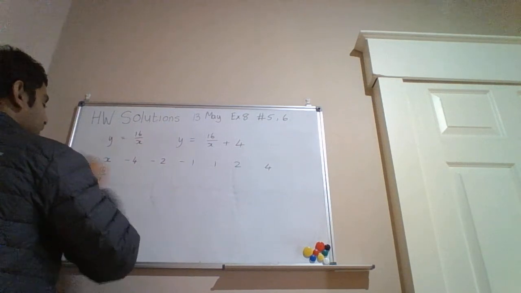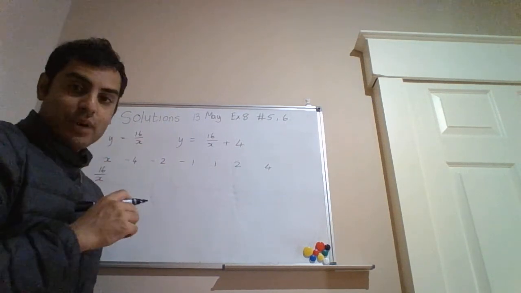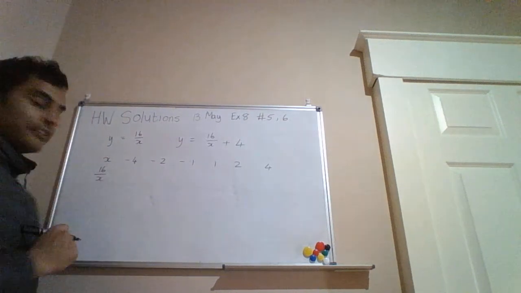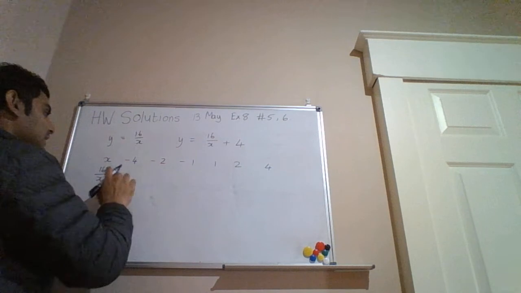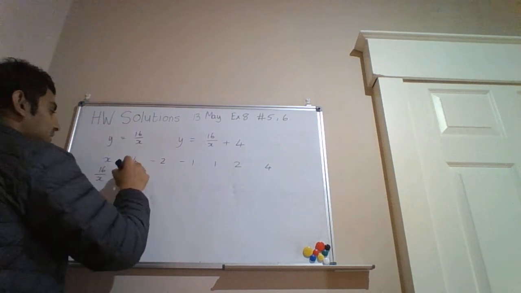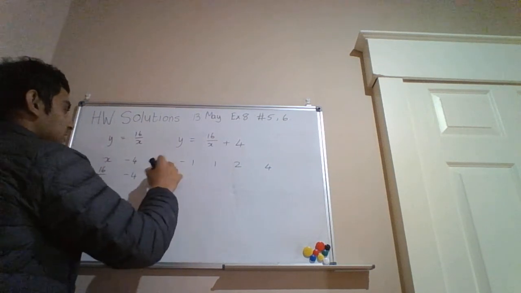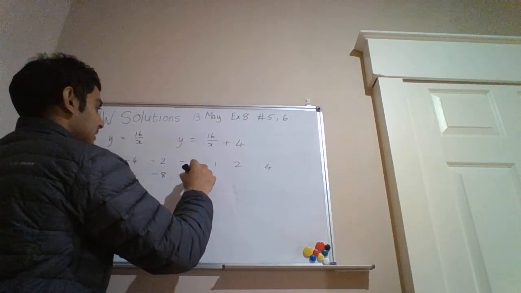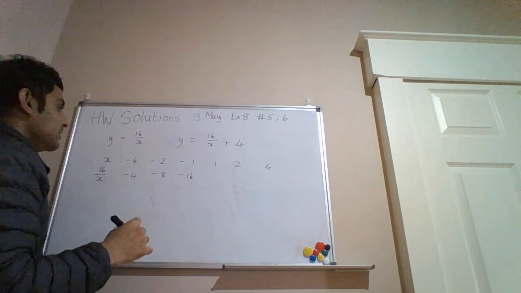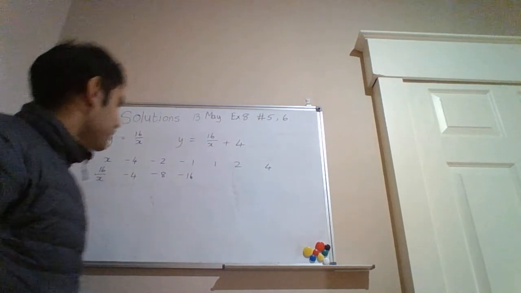Next, I'm going to find the y values for the first graph, 16 over x, and I'm just going to substitute each of these x values in. So 16 over negative 4 is negative 4, negative 2, negative 8, negative 1, negative 16. Maybe I should choose different points.